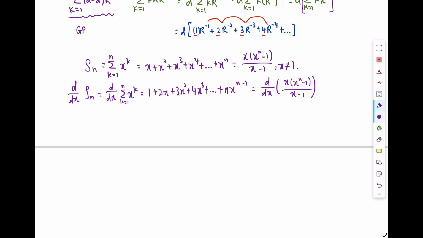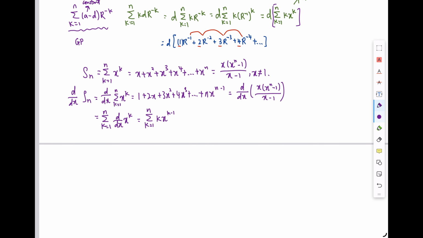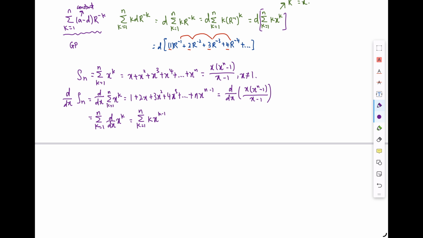And I see that this is summation differentiate x power k, which gives me n summation k equal 1 kx^(k minus 1), right?